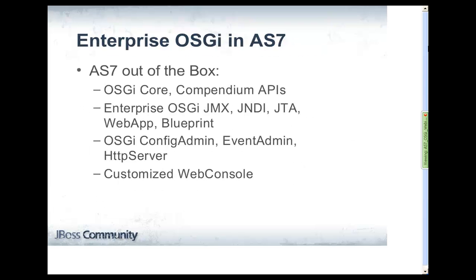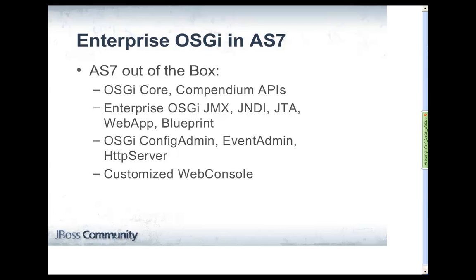Enterprise OSGi in AS7: out of the box, you of course have the OSGi core API and the compendium API available. The compendium is a very large collection of standard services that OSGi comes with.